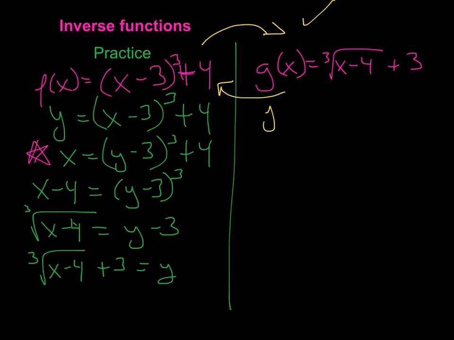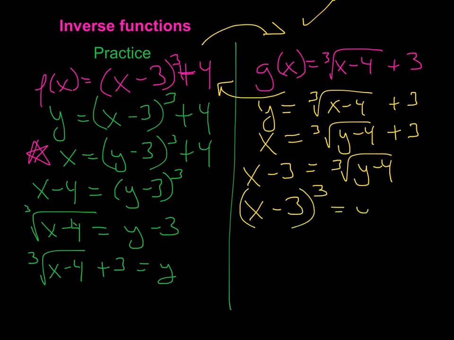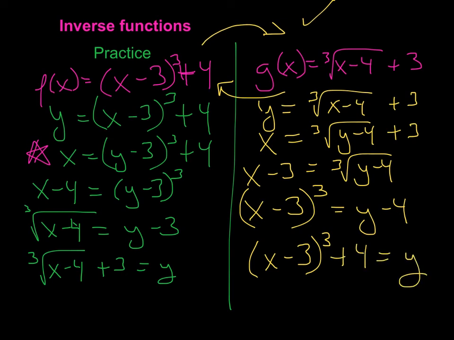So let's say y equals the cube root of x minus 4 plus 3, and switch our x's and our y's. So x equals the cube root of y minus 4 plus 3. Okay, and now look at this.